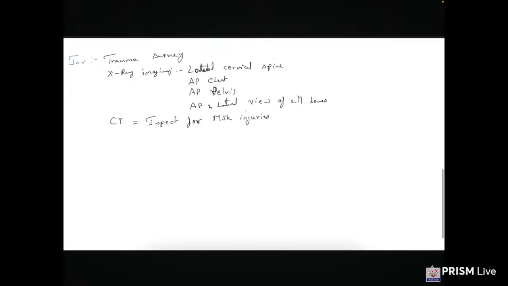Okay, so now the main thing: if any patient comes to you in the accident and emergency department, at that time we have to start management. In this management, first we have to do the primary survey. What comes in the primary survey?